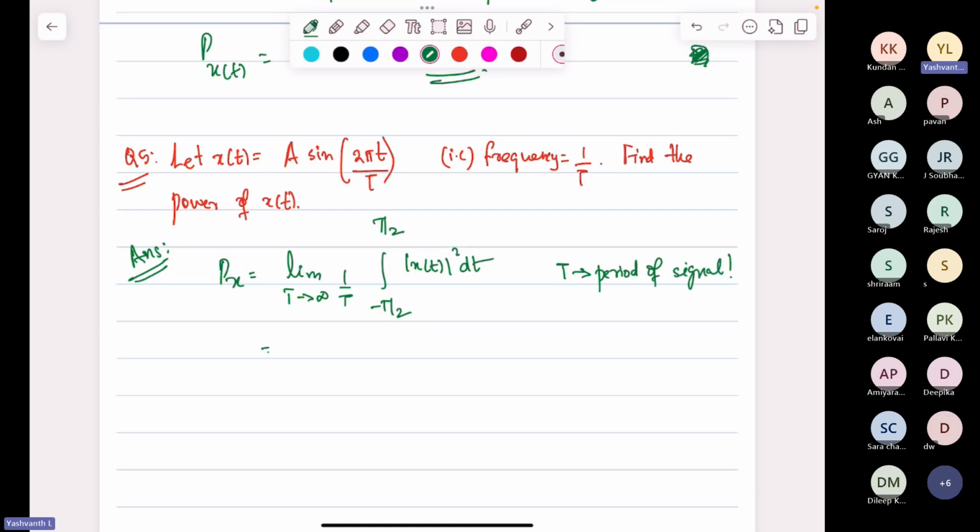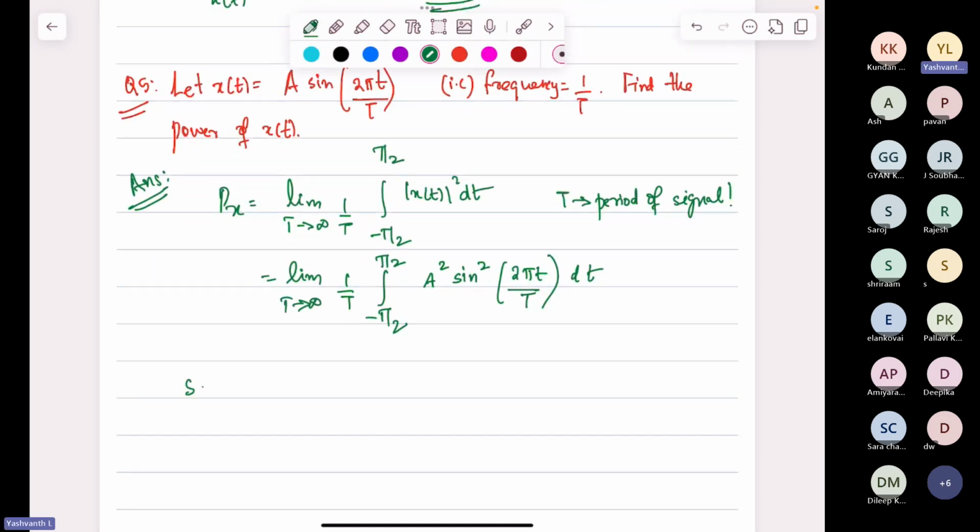This is the same as limit T tends to infinity 1 by T integral minus T by 2 to plus T by 2 a square sine square 2 pi t by T dt.